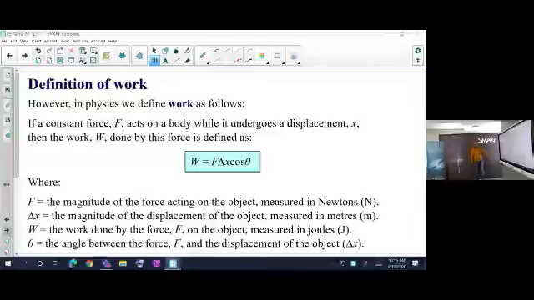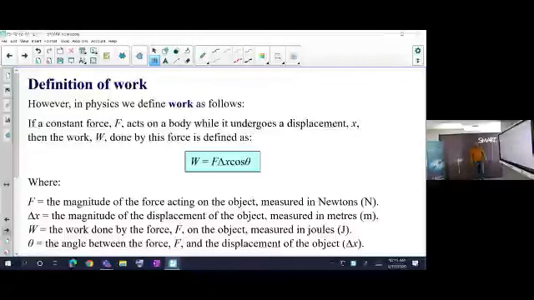All right, we have W, the work done by the force on the object, measured in joules, represented by capital letter J. We have a theta there. That is the angle between the force applied and the distance covered by an object.